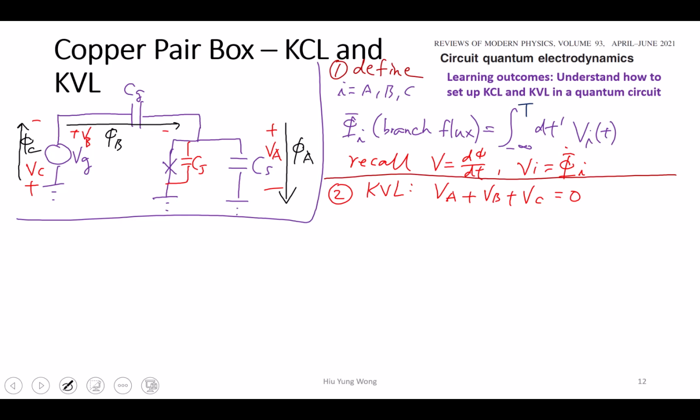Now, what is VA? VA, we just say that it is equal to the flux derivative across A. And what is VB? It is the flux derivative across B. And what is VC?